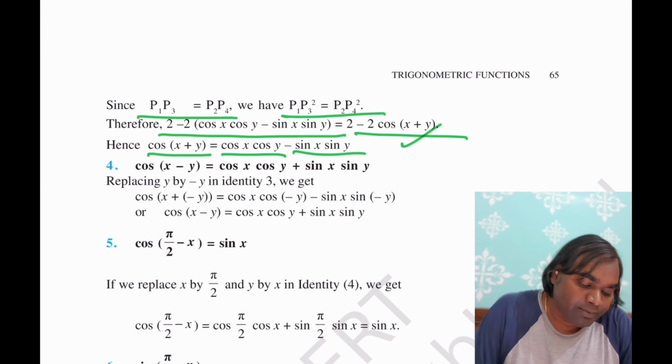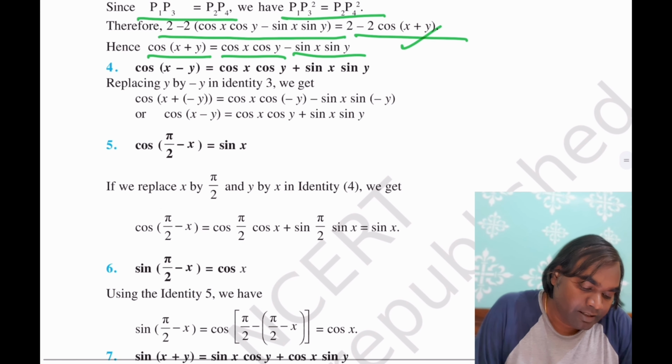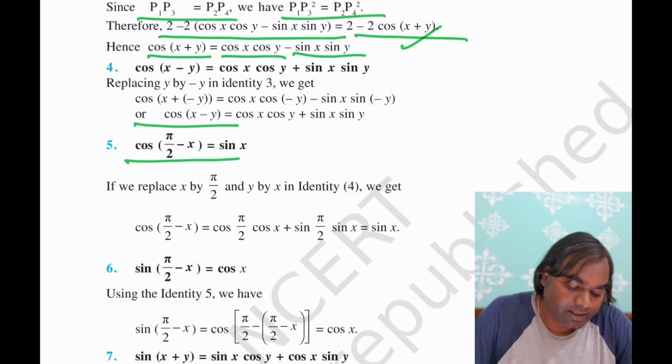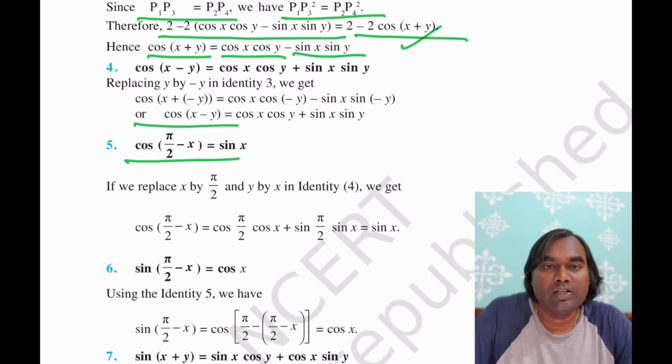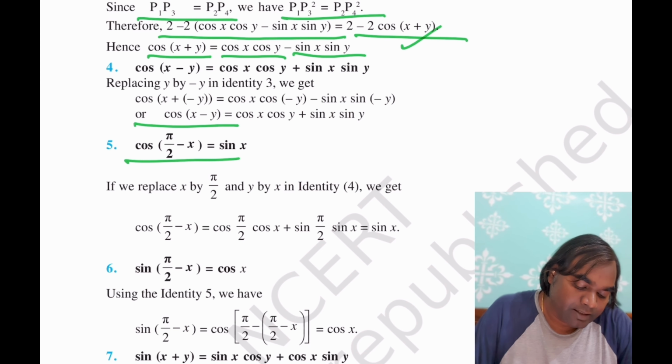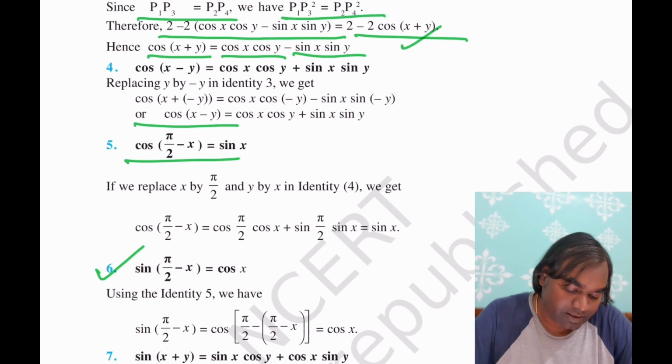By application of this, we can calculate cos(pi by 2 minus x) is equal to sin x, and this becomes also an identity. So remember this relation: cos of (pi by 2 minus x) is equal to sin x, and sin(pi by 2 minus x) is equal to cos x.